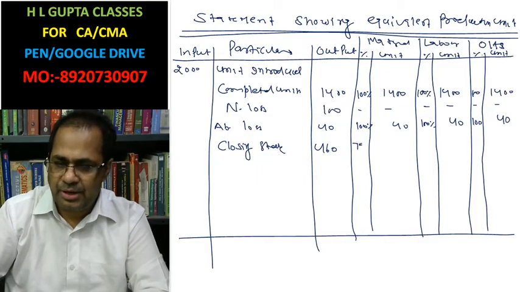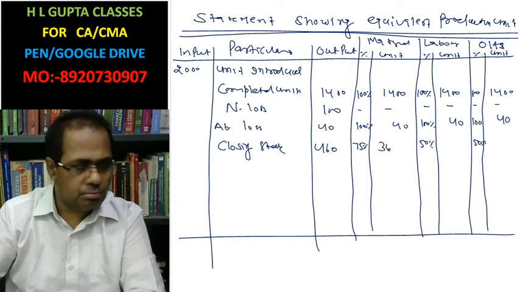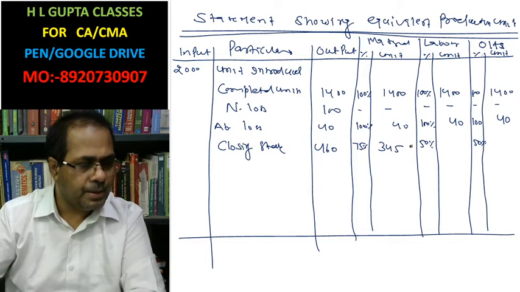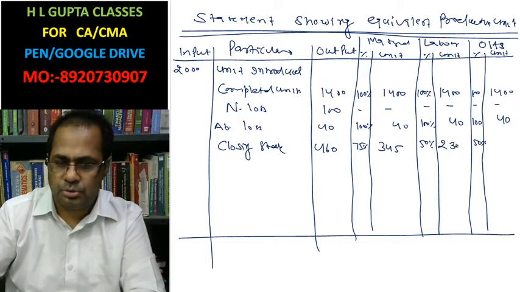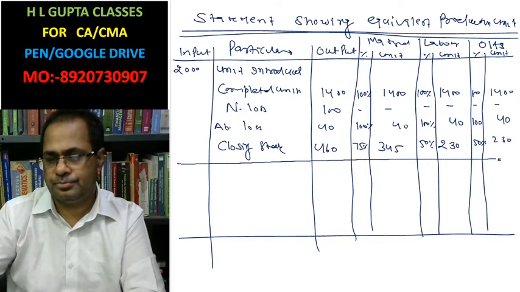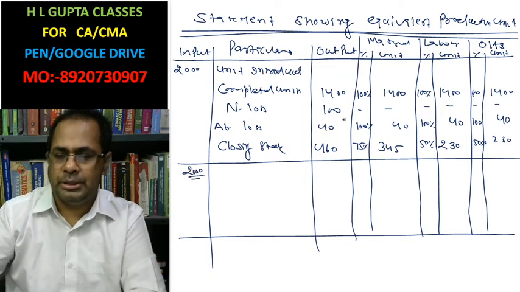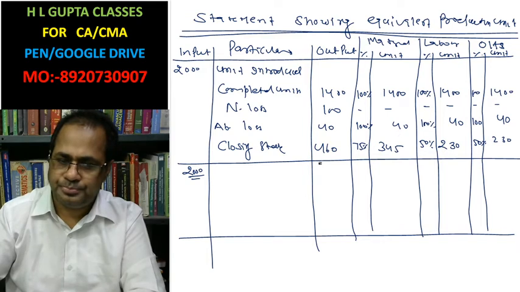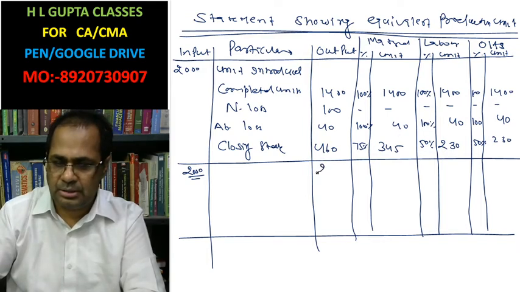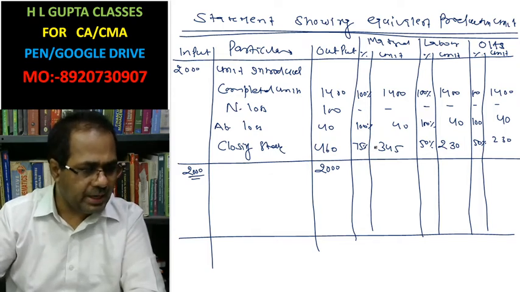This is 75%, this is 50%, this is 50%. Now 75% is 345, then 230, 230. Look here, this is your 2000. This is also 2000. This is 500. This is also 2000. But this is 1785.